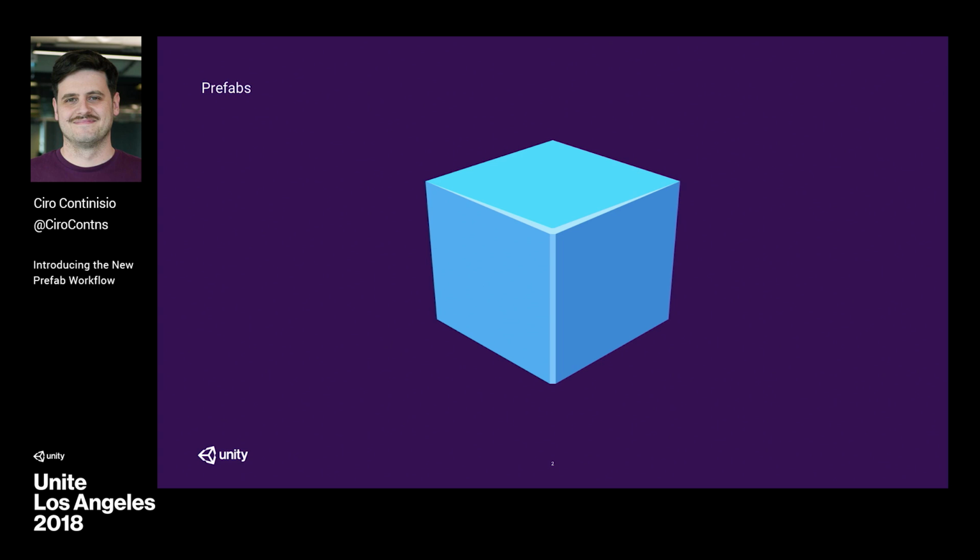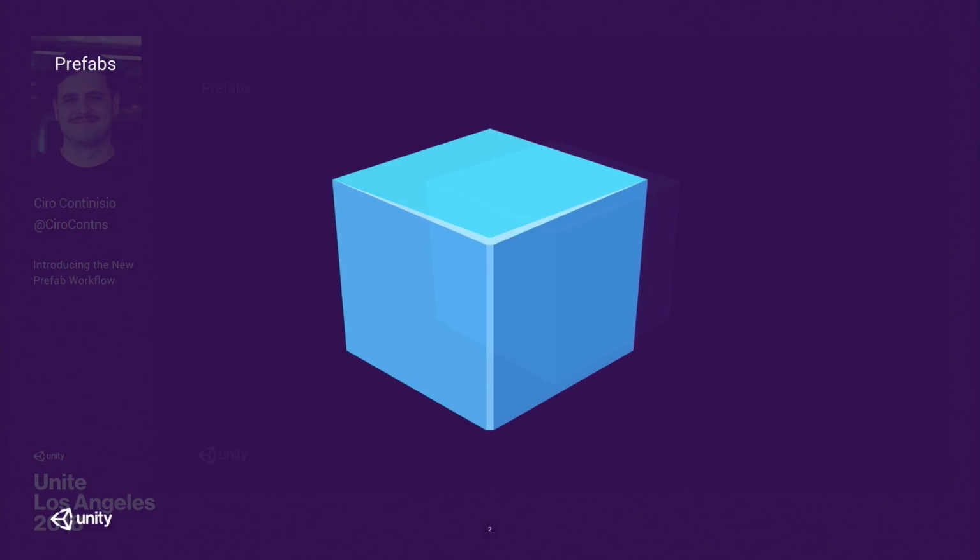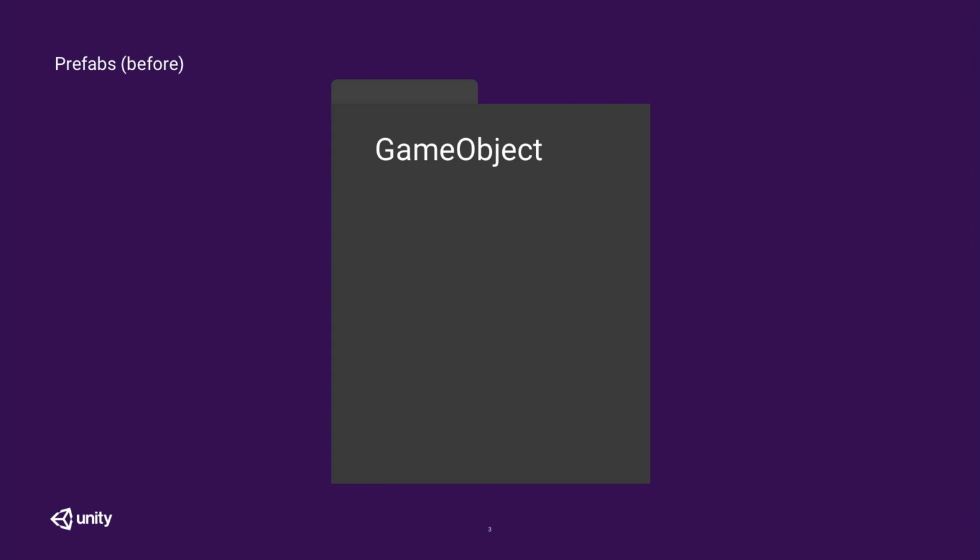So this is the image of the prefab that we all know and love. But I want to propose a reflection to you. Prefabs have changed the way they behave in the editor with the new workflows. Before, we were used to seeing prefabs as something in the project folder, an asset. We would drag it to the hierarchy or the scene, and then we would see it as a structure in the hierarchy.